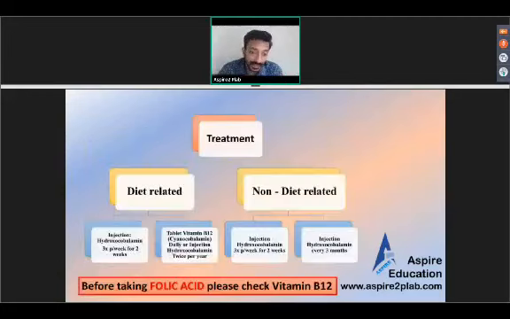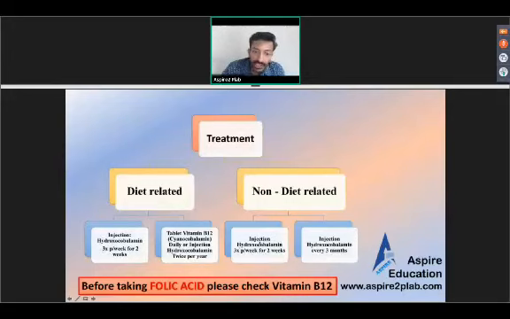If it is diet related, we have to give an injection of hydroxycobalamin, that is 3 times per week. So it's alternate days for 2 weeks. And for non-diet related, it's also the same.